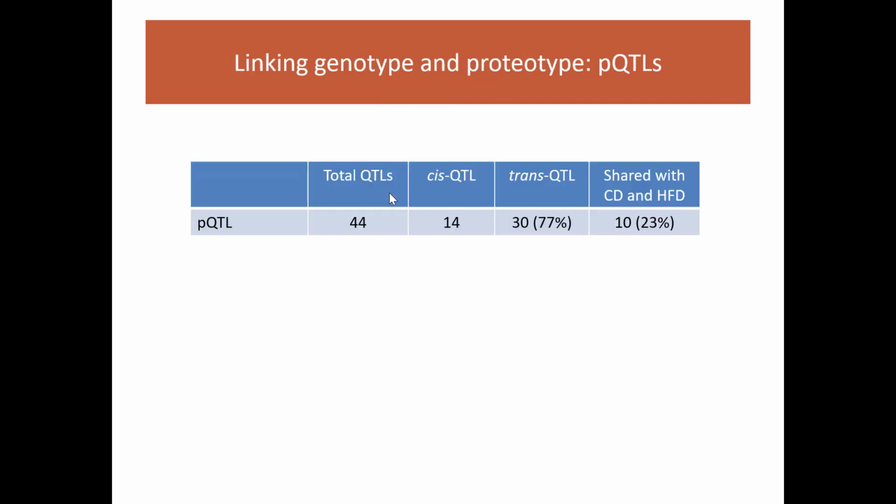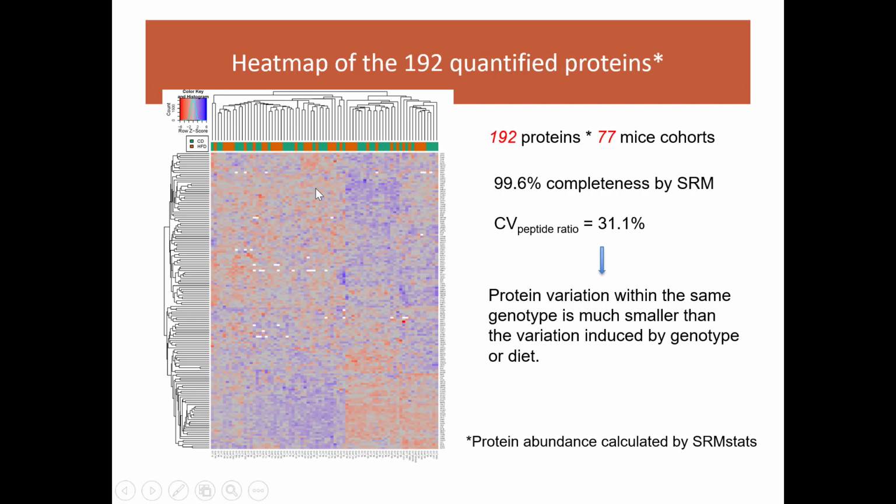Okay, so what we can do with this data is ask an association question. We know which allele is present in each mouse at a particular locus, and we can ask, is there an association between the amount of a protein or a peptide and a specific allele?